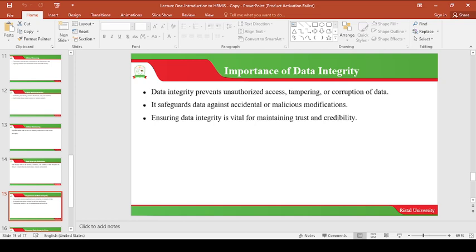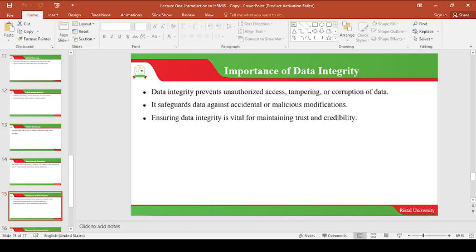Then ensuring that integrity is vital for maintaining trust and credibility. So if you have data which is well protected, that is the integrity, then the credibility of that organization, the credibility of that department, is actually high. But the moment the data is not well protected, it loses integrity, then the department which is in charge of the data, which I think is the human resource department, will lose its credibility.